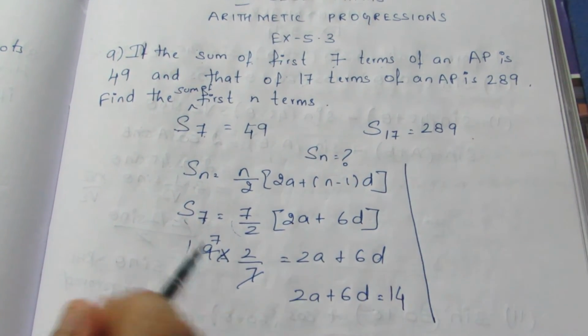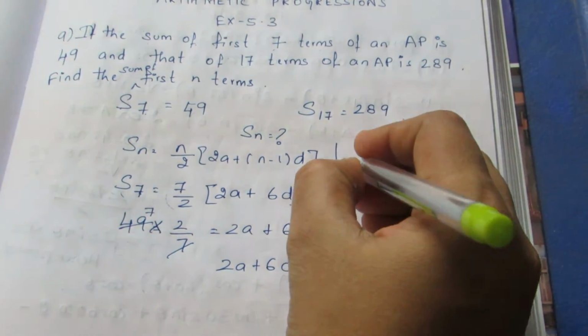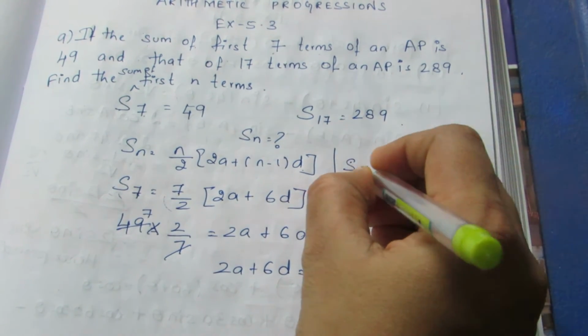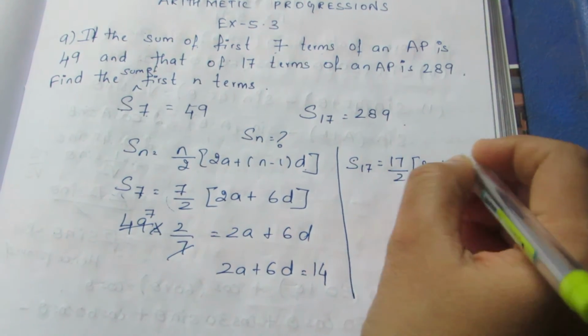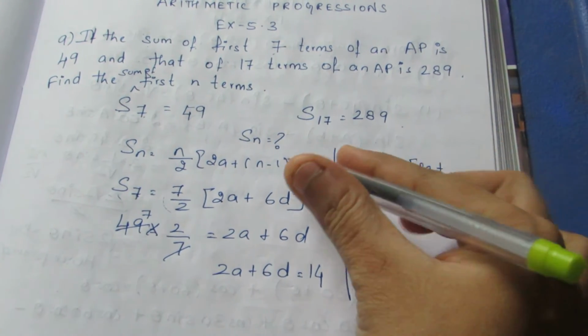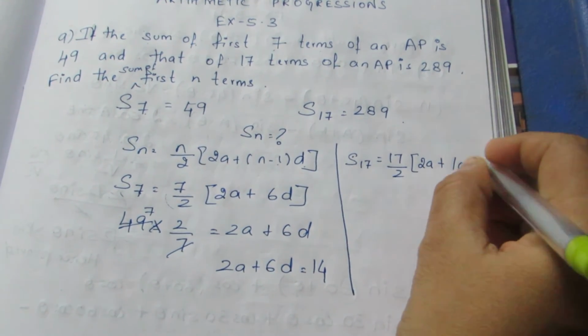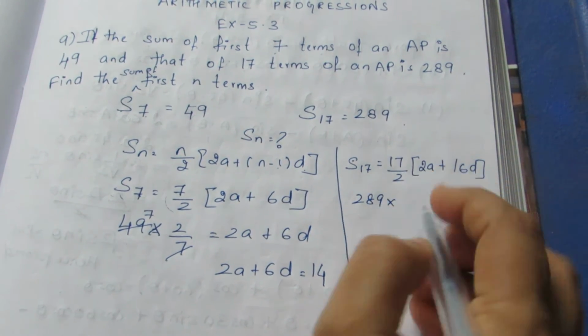The same pattern we can do with S17. So n by 2, we know the formula here, so I have directly substituted. S17 equal to n by 2 is 17 by 2 into 2a plus, here 17 minus 1 will become 16d. The same way it is 289 into, bring this number to this side.